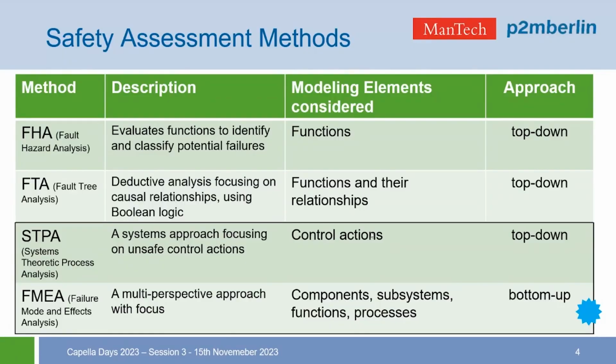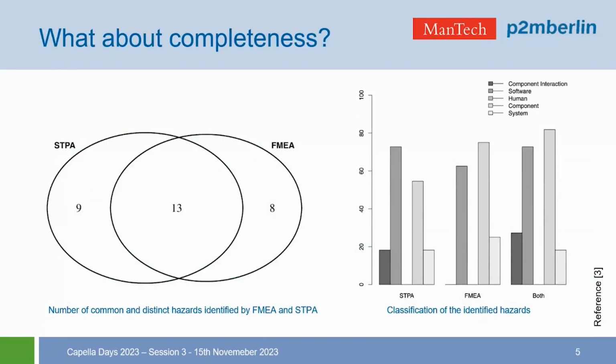So on the next slide, we're going to go a little bit more into why we chose these particular methods. The article by Cellamare did a case study looking at FMEA and STPA in particular, and why they identified both common and distinct hazards among those two methods. The interesting thing to note is that STPA tended to find things like component or software interactions better than FMEA, but FMEA identified more system and component hazards than STPA.